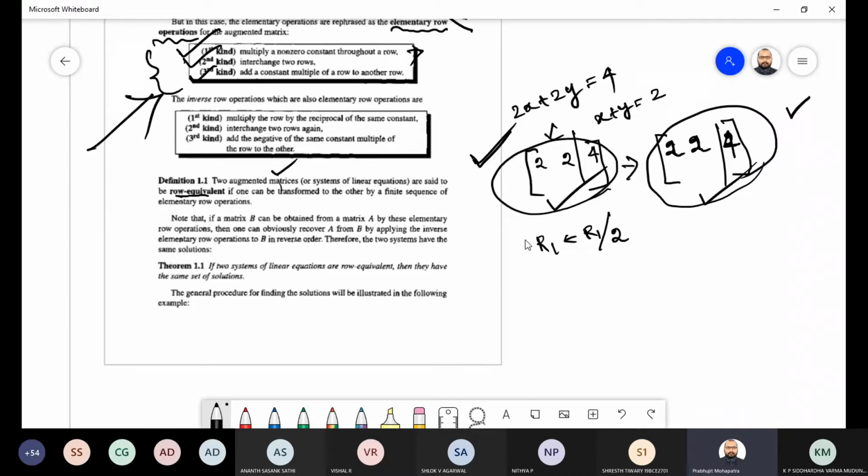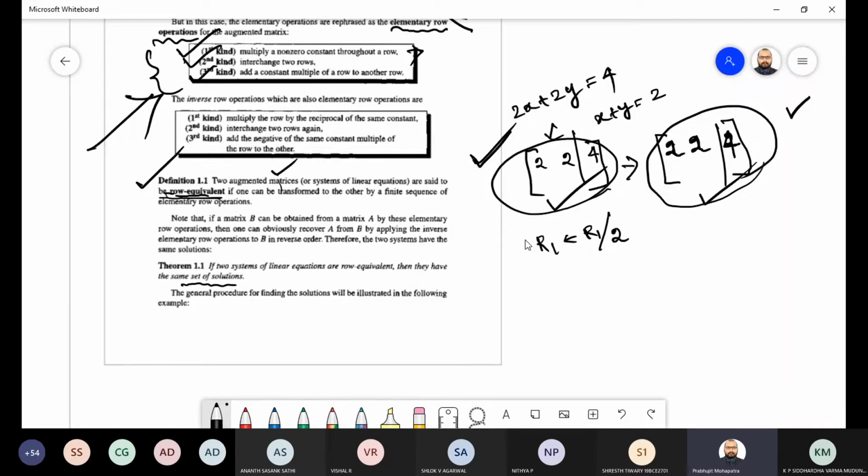Getting or not? Yes, sir. So they are called row equivalent, means they are exactly same. Row equivalent means you will get the exactly same solution. So that is one observation. Another observation is, if two systems of linear equations are row equivalent, then they have same set of solution.